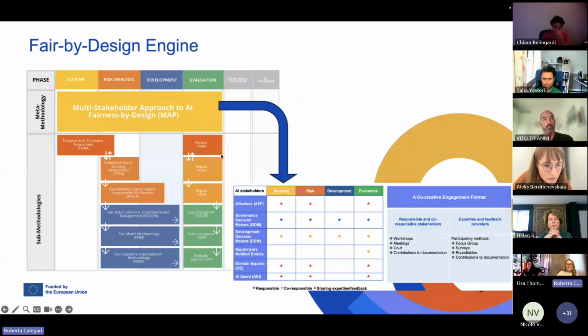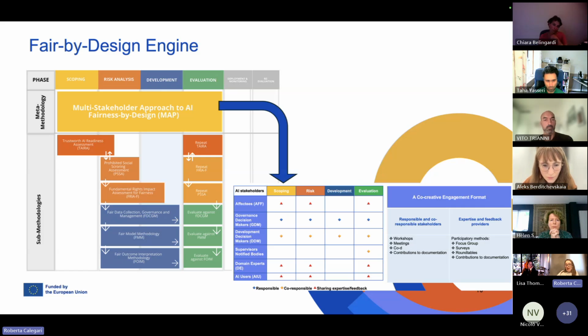In this slide, I just want to show you the methodology is very, very complex. I'm not going into the detail of the methodology that we draw, but what I want to highlight is that the most important point is to have a participatory approach. It means that all the people who will be affected by the decisions of the AI system should sit around the table while you decide how to design the AI system itself.